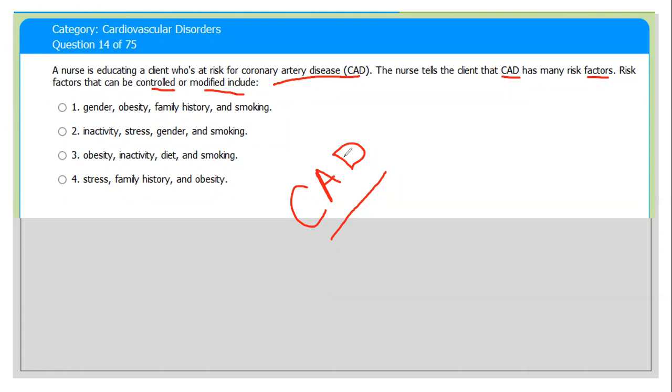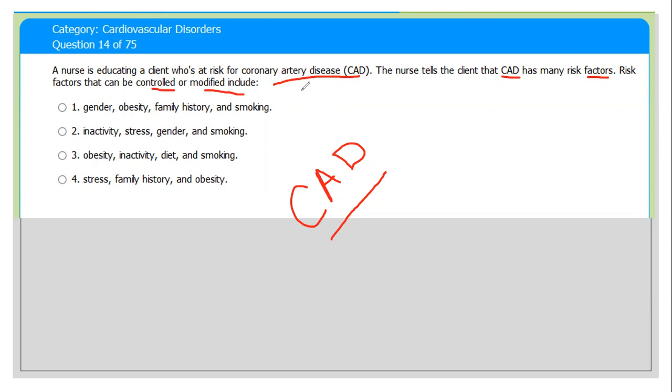First of all, it is very important to know the basic signs and symptoms of CAD. A patient may present with angina or chest pain, shortness of breath, even a heart attack if the coronary artery is completely blocked. Sometimes the patient presents with nausea and sweating.